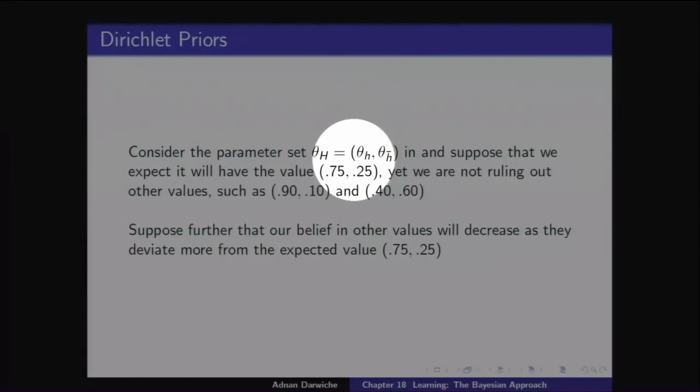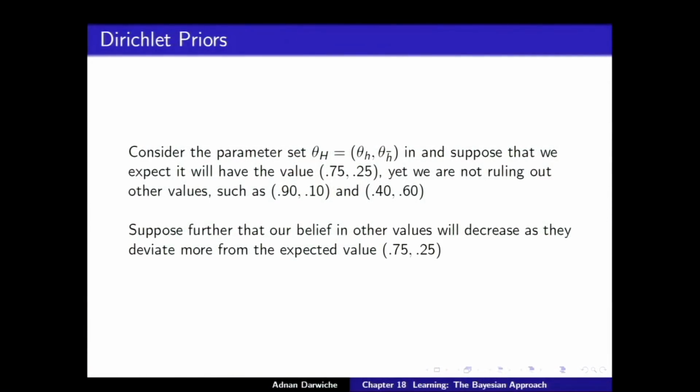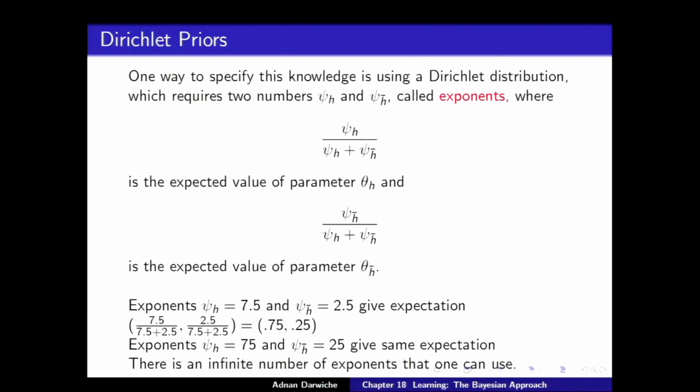We want to allow every other possible value, but in a sense, what we want is that our belief in other values will decrease as they deviate from this. So this is kind of the expected value, and as we move further away from it, we want our prior belief to be less. So that's what you could use a Dirichlet prior for.